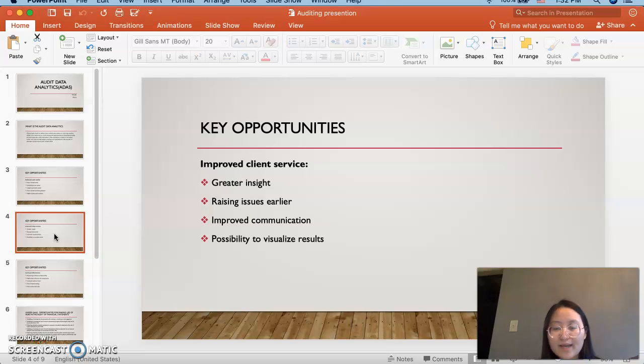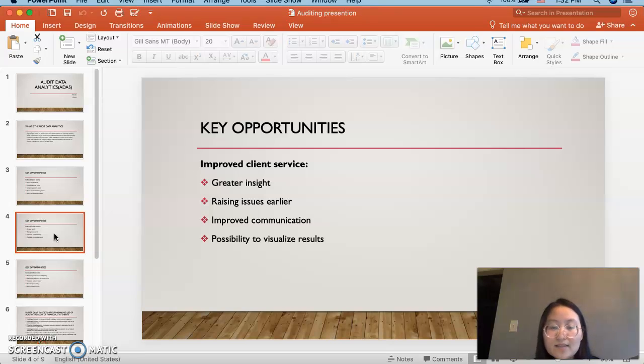Provided those requirements are considered appropriately, the use of data analytics can add value over and above the traditional audit of historical financial statements.